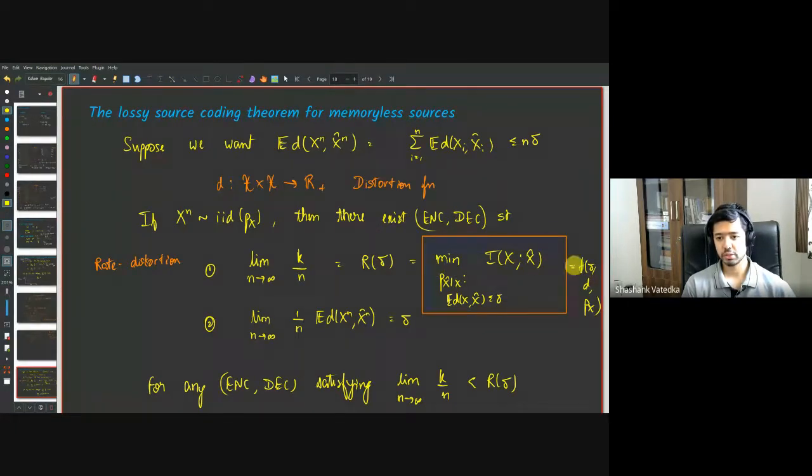Note that this quantity does not depend on n. It's a single letter expression. It depends only on p_X, it depends on delta, it depends on what distortion function you choose, whether it is squared error distortion or something else. And you can basically obtain this by solving some convex optimization algorithm. All right. Any questions?